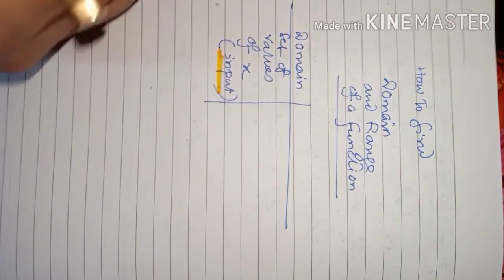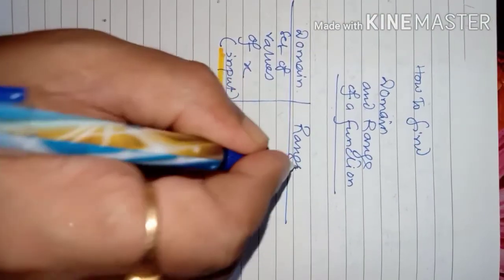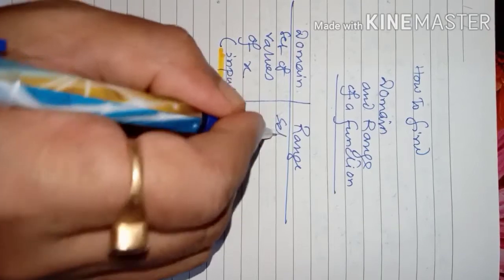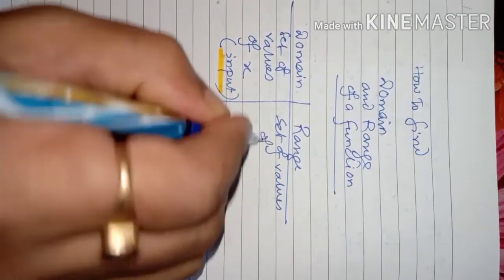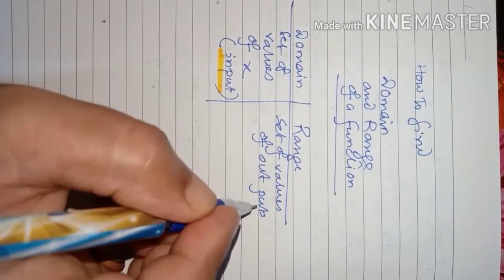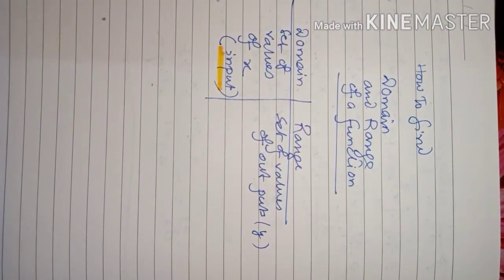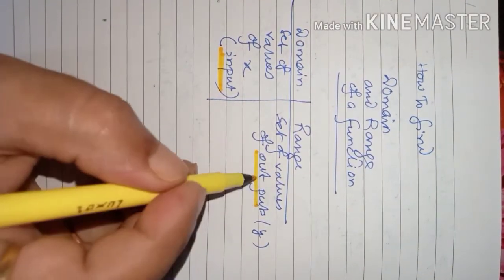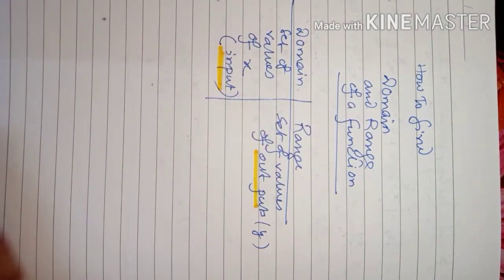And what is the range? The range is the set of values of outputs. That is y. So output will be considered in range and input will be considered in domain.